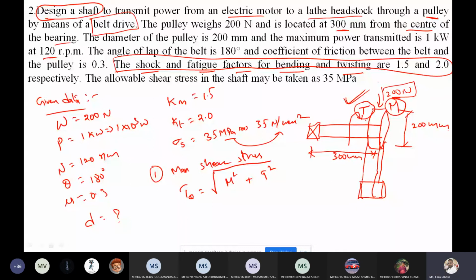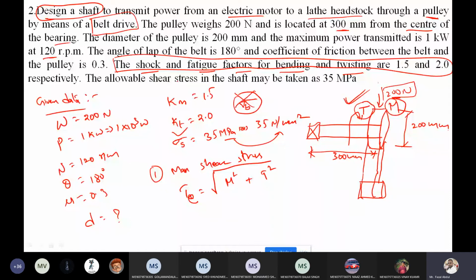Okay. Now, additionally here, sigma S value is given. Sigma B value is not given in the question. Only sigma S value is given. For that reason only, I selected the one equation, Te equal to square root of M square plus T square. Now, additionally, the question gives the shock fatigue factor for bending and twisting.